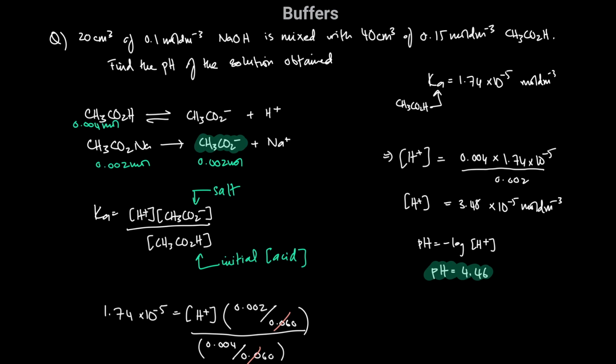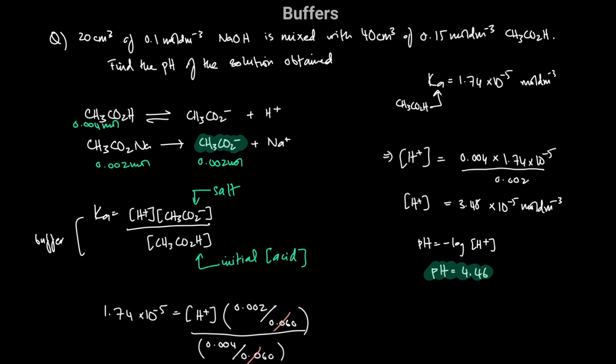This applies specifically for buffers, where you can take the concentration of the conjugate base from the salt as the entire concentration. And since such a small fraction of the acid ionizes, since it's a weak acid, we can again assume that the final concentration of acid is just the initial concentration in the solution that we formed.